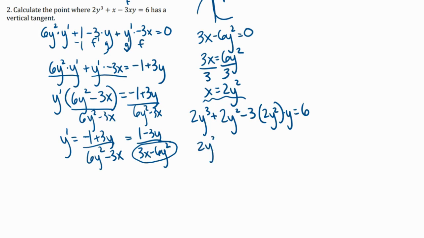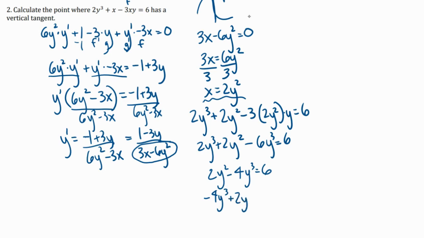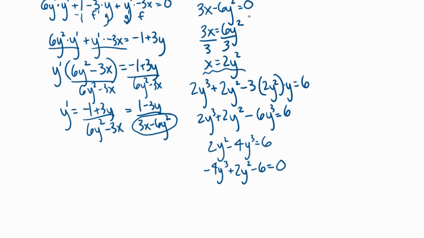And I get 2y cubed plus 2y squared minus 6y cubed is equal to 6. Let's see, that's going to be 2y squared minus 4y cubed is equal to 6. It's not nicely factorable, unfortunately, but you could use synthetic division to test numbers, but you can probably see already that -1 will work.